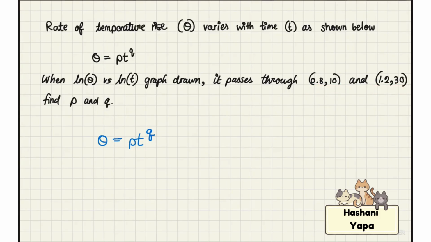That means we are able to find the gradient of this curve, and we also have the y-intercept. So there should be something we can do with the equation of the graph. We'll turn this into the equation of the graph, ln theta versus ln t. So let's find them out.